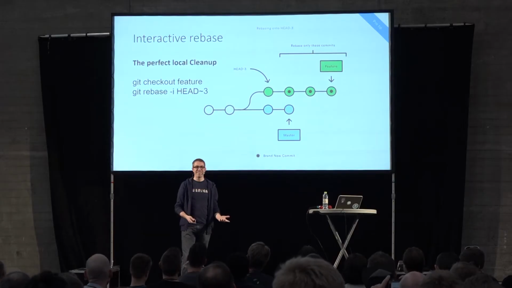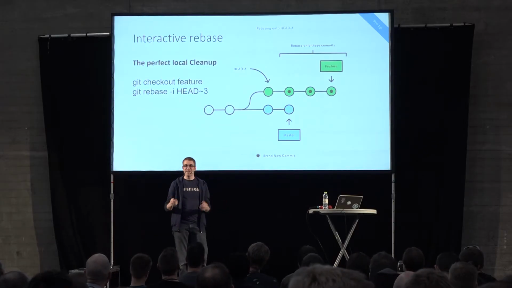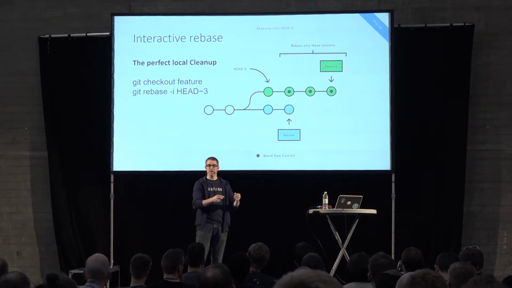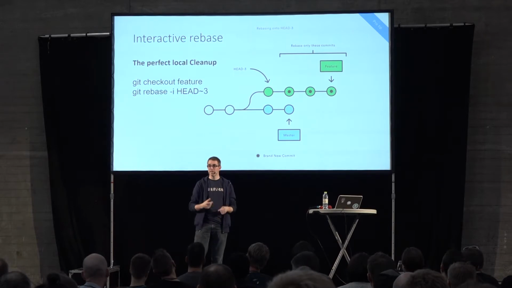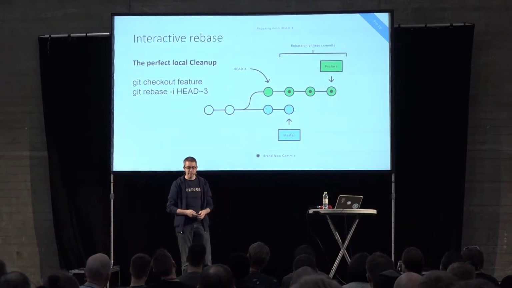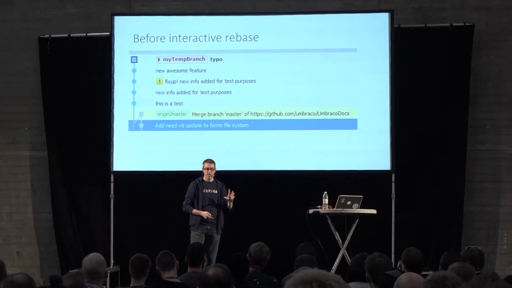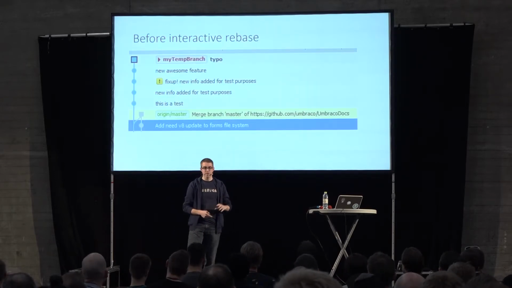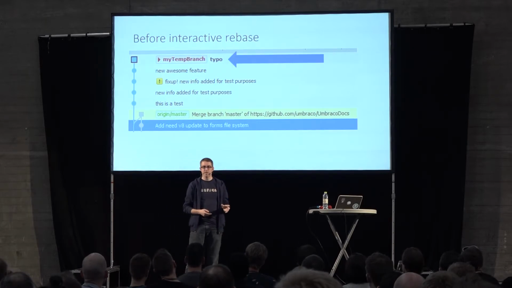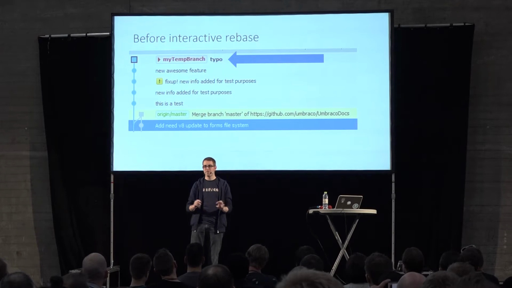So an interactive rebase is mainly doing a rebase, so putting all the commits on top of the master and doing a lot of things with it, like squashing, fix-up, throwing things together. So I have a small example. We have 5 commits in this case, where the first one is a typo, which spoils a perfect version history.